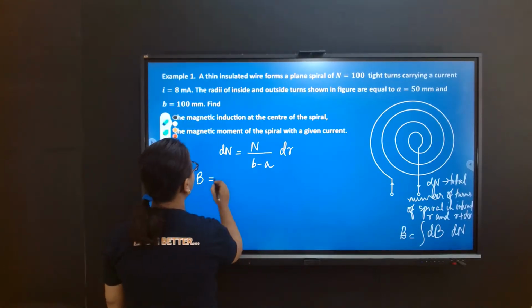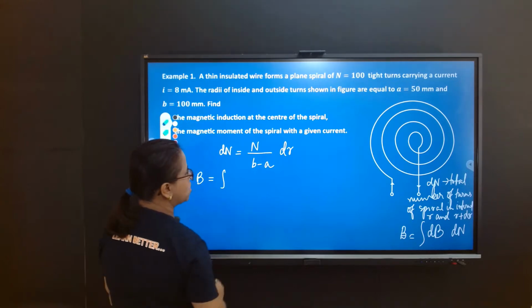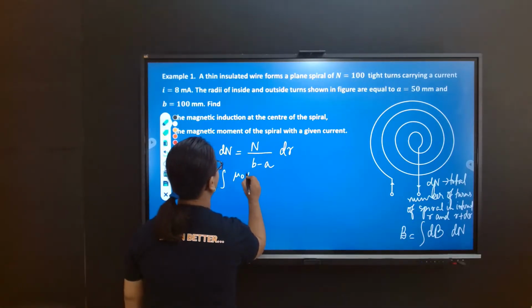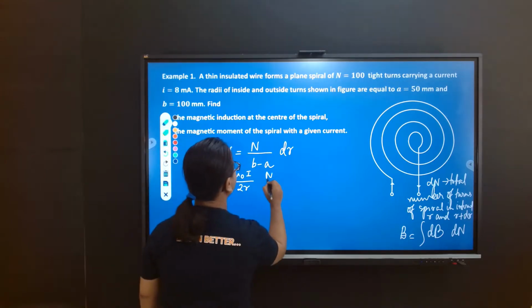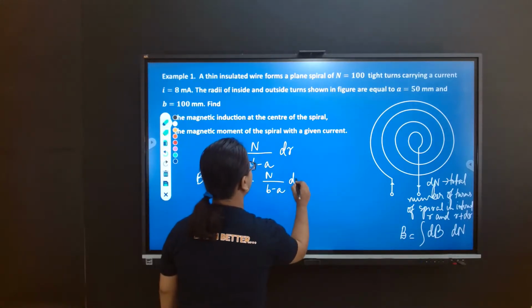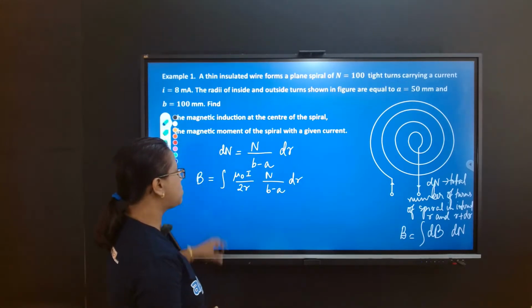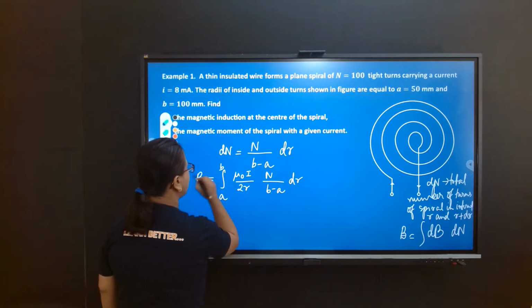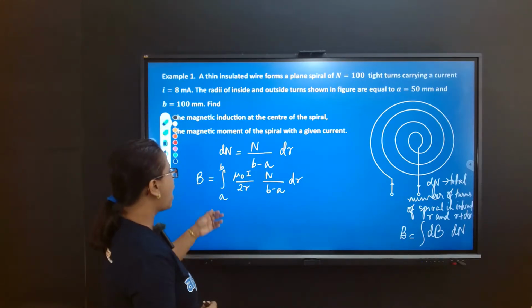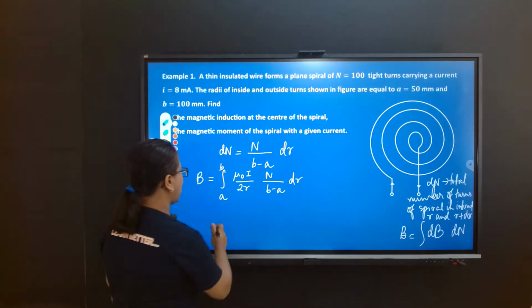So we have B equals integration of dB, which is mu naught I by 2r. We have dn substituted as n by b minus a times dr. Now what are the limits of this integration? Of course, the limits are a to b, a being the internal and b the external radius.